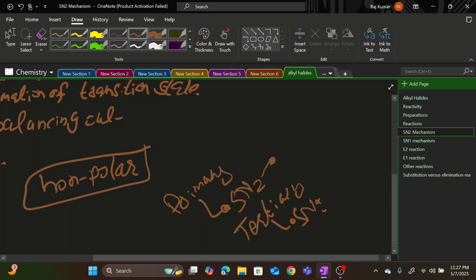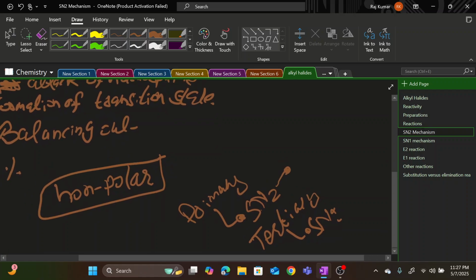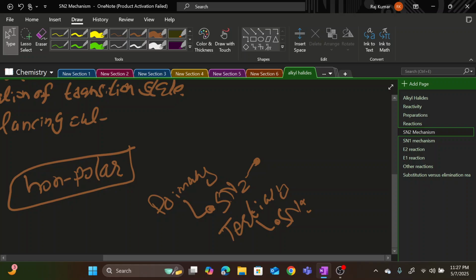Because primary alkyl halides do not have any steric hindrance, due to which the nucleophile can easily attack in the case of primary alkyl halide. But in tertiary alkyl halide, there is a steric hindrance which makes it pretty difficult. And that makes it more suitable for the SN1 mechanism, because in the SN1 mechanism the reaction occurs in two steps.